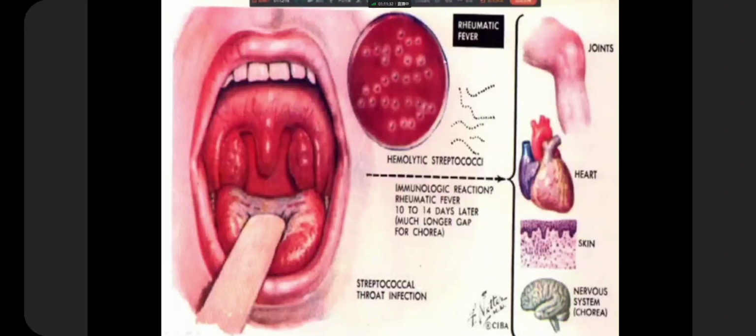But because there are common antigens between hemolytic streptococci and joints, heart, skin and nervous systems, during the infection of hemolytic streptococci, it can also damage our joints, heart, skin, and nervous system.